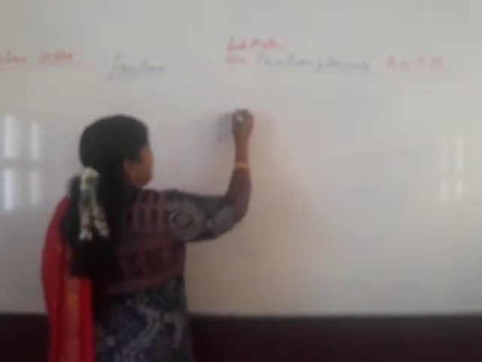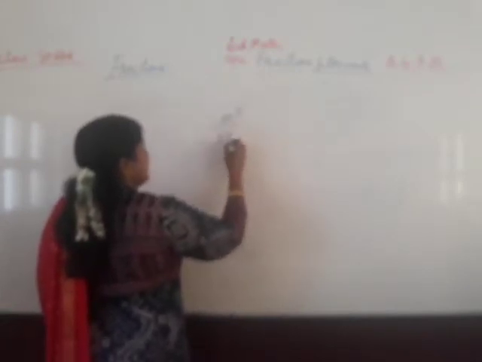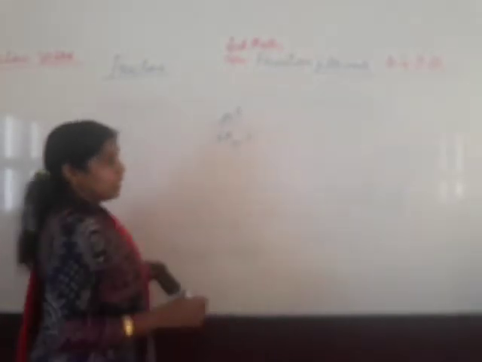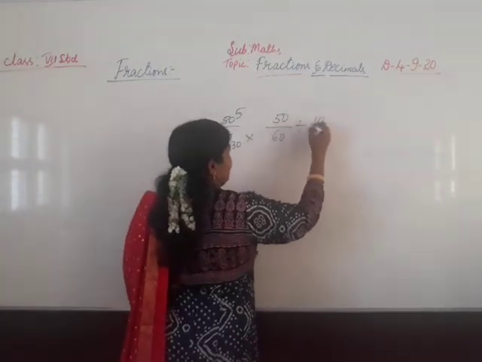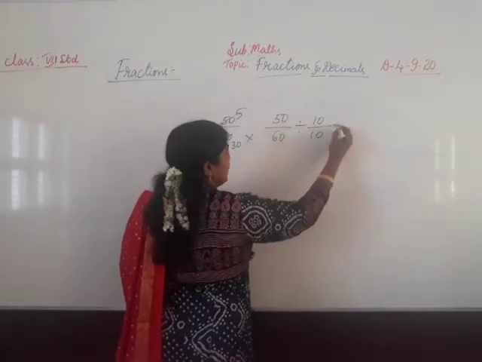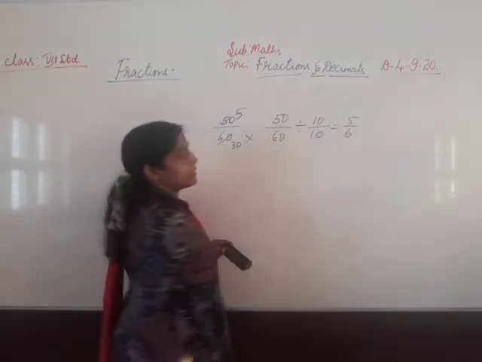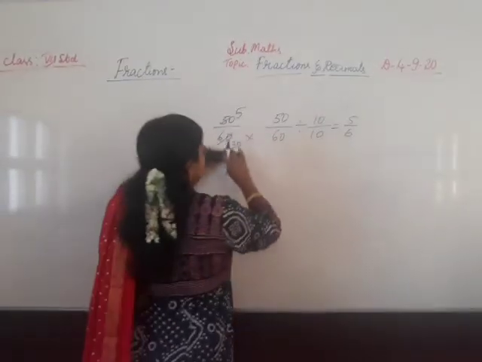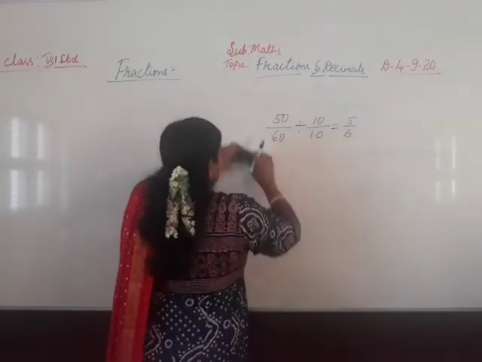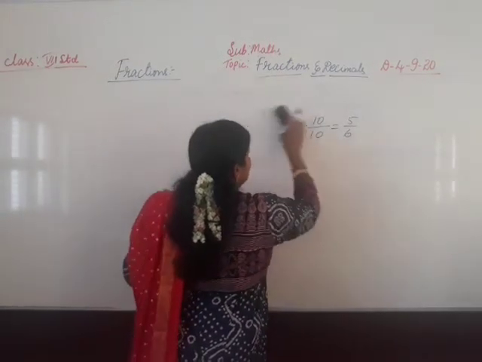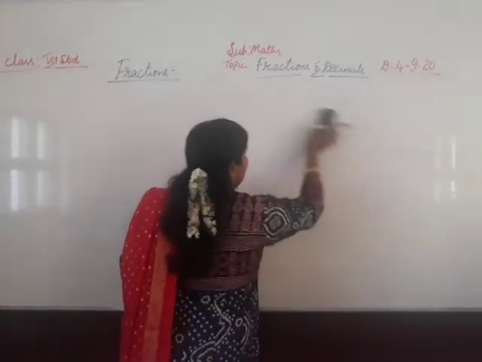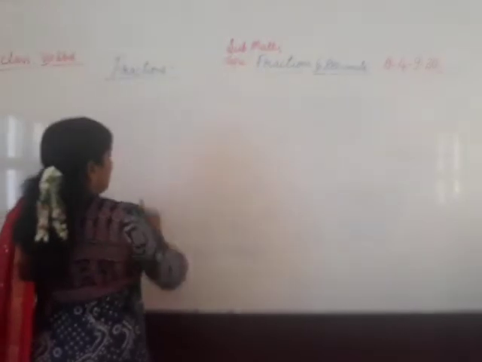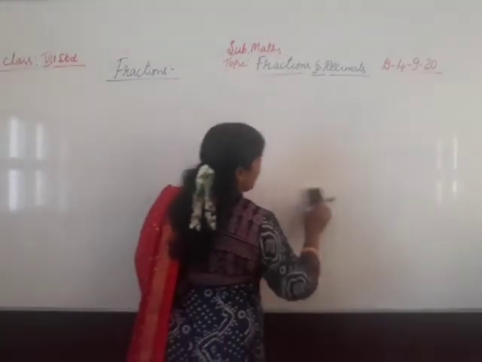I am dividing it by 10: 10 5s are 50, 10 6s are 60. If I divide by 3, it is wrong. If I divide the numerator by 10, I have to divide the denominator by 10 only. So that is the condition in fractions. If you divide the numerator by one number, we have to divide the denominator also by the same number. So understood now how to find these? This is all revision that I am giving.